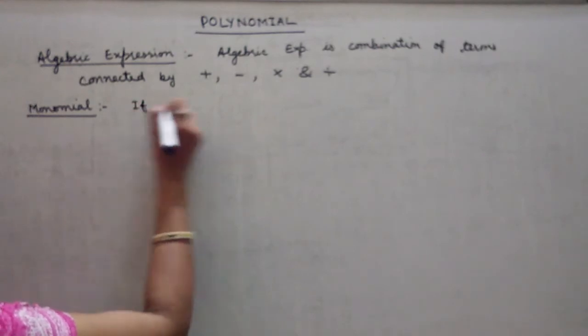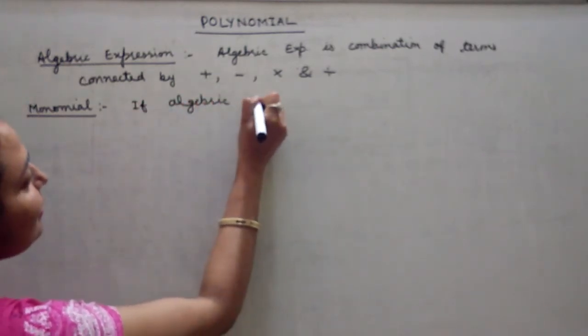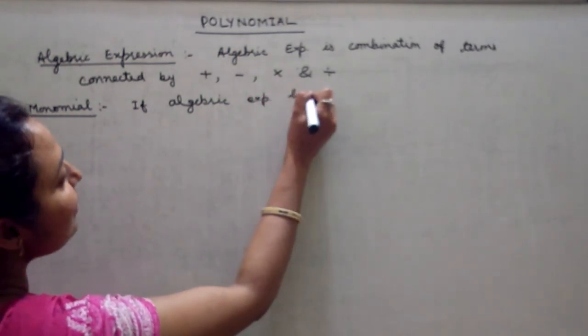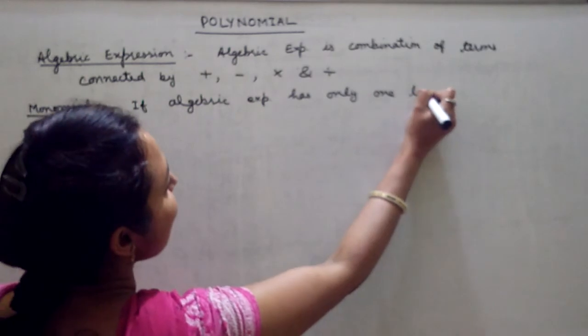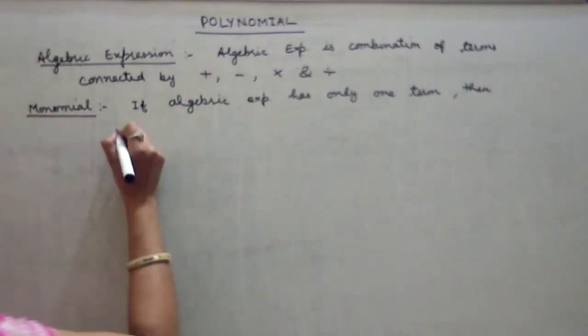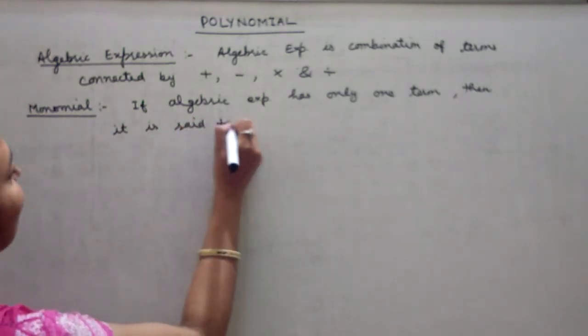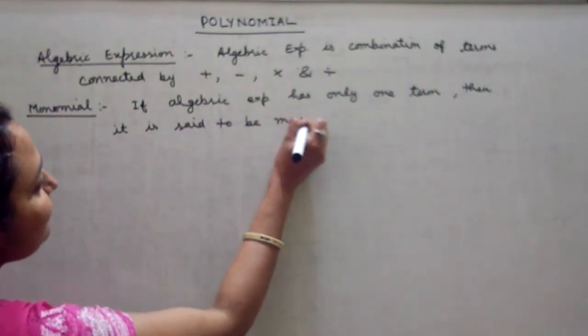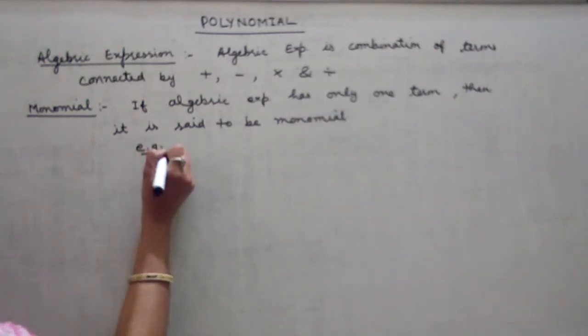If an algebraic expression has only one term, then it is said to be a monomial.